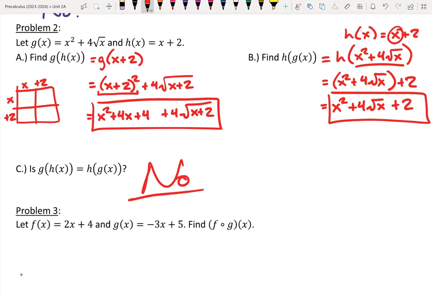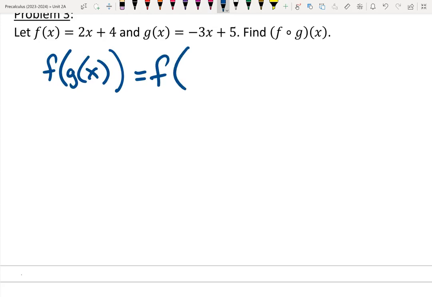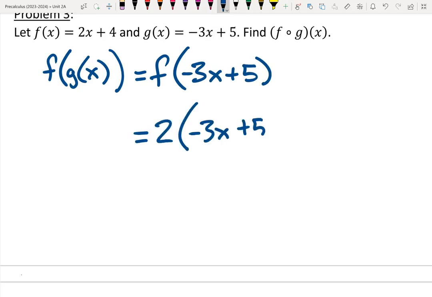All right, do problem 3, please. All right, we are doing f of g of x. Let's see, Aaron, what is g of x? Okay, and so we are plugging that into f. What would that look like? Plus 4, right?